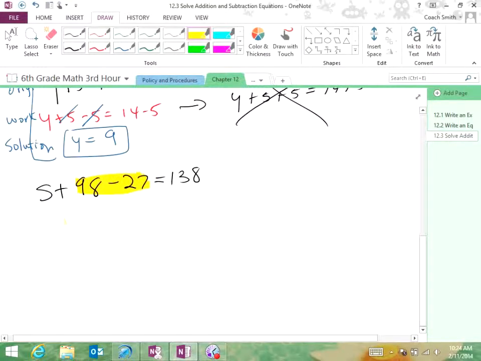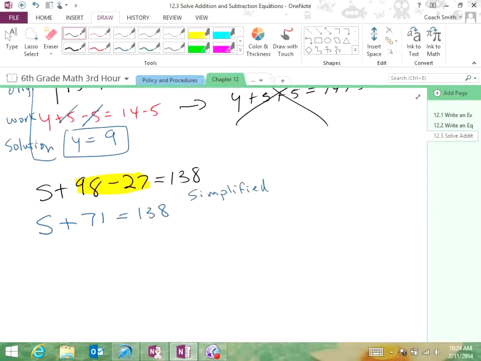What's 98 minus 27? 71. Okay, now I can solve it. So I simplified first. I simplified the equation first. Now I've got to solve the equation.